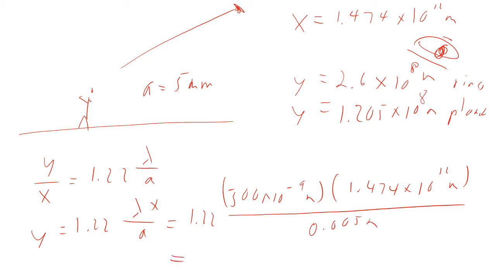And so the smallest thing that you'd be able to see in this sort of environment is about 1.8 times 10 to the 8 meters.